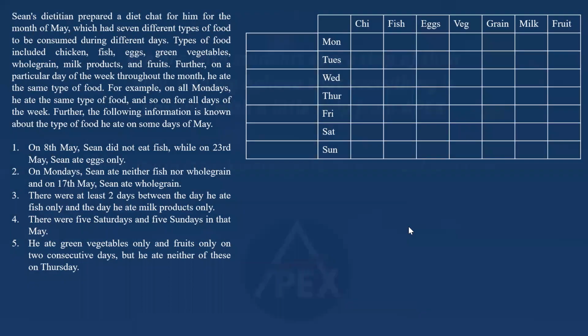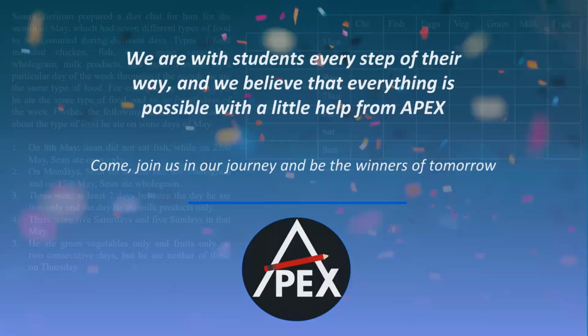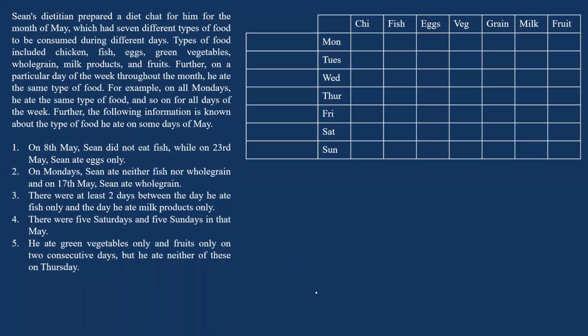Now moving to the last question. Since the dietitian prepared a diet chart for him for the month of May, which had 7 different types of food to be consumed during 7 different days. Types of food included chicken, fish, eggs, vegetables, then grains, then milk products, and then fruits.